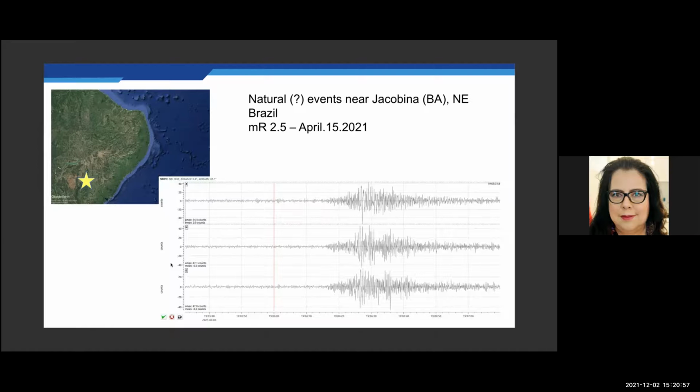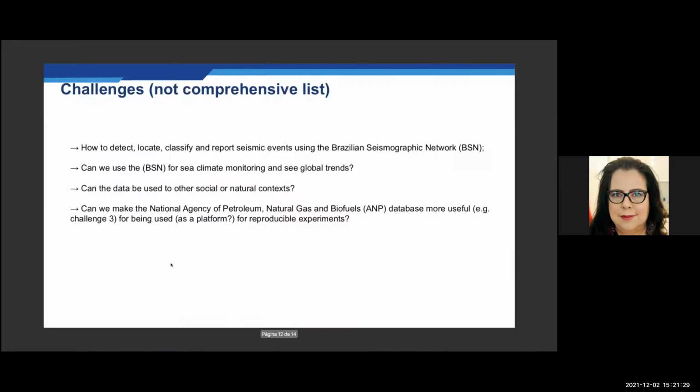There have been reports from the São Paulo University that in the early 2000s there was a lot of activity near the mining area. So the question is, was that activity present in the last 10 years? Are we able to detect it? Is it somehow related to the mining conditions? That's a good question that we can ask our database.